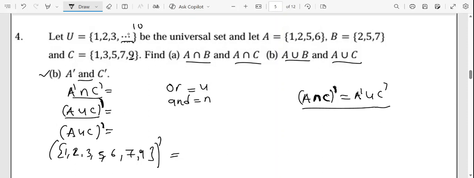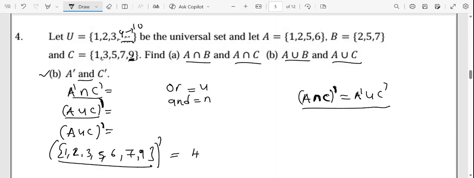Even if I don't show 10, I'll say the universal set ended at 9 because of the largest number we have there. So I will just list the 4. It's the complement of all these because it wasn't there.